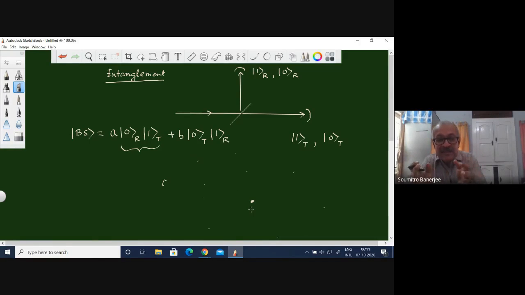Only then the remaining nucleus will know in which direction to recoil, and therefore until then it is also in a superposed state of all possible directions of recoil. And only when the other guy's wave function has collapsed, then this guy's wave function also collapses.